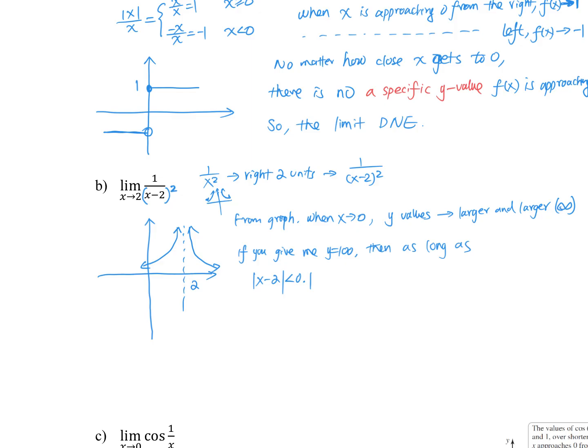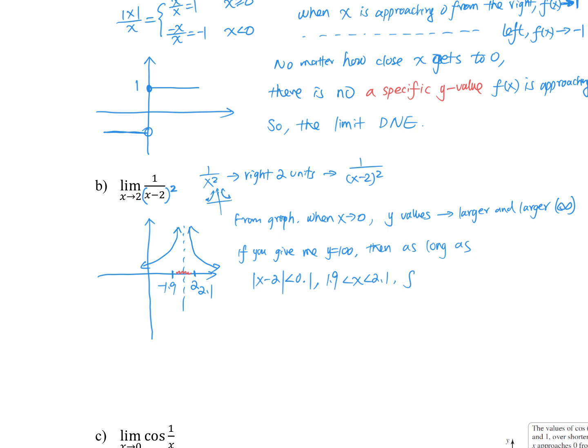So in other words, suppose this is 1.9 and this is 2.1. As long as x values are within here, then we can conclude x is less than 2.1 and greater than 1.9.